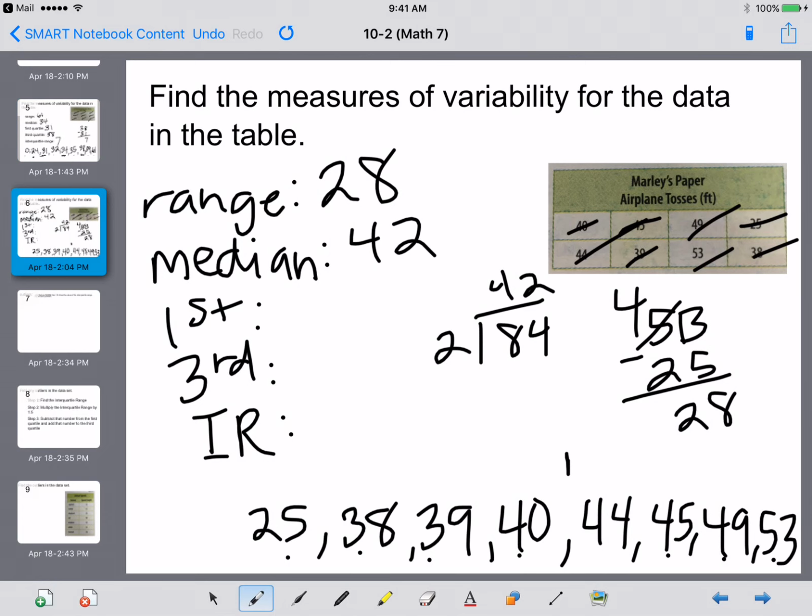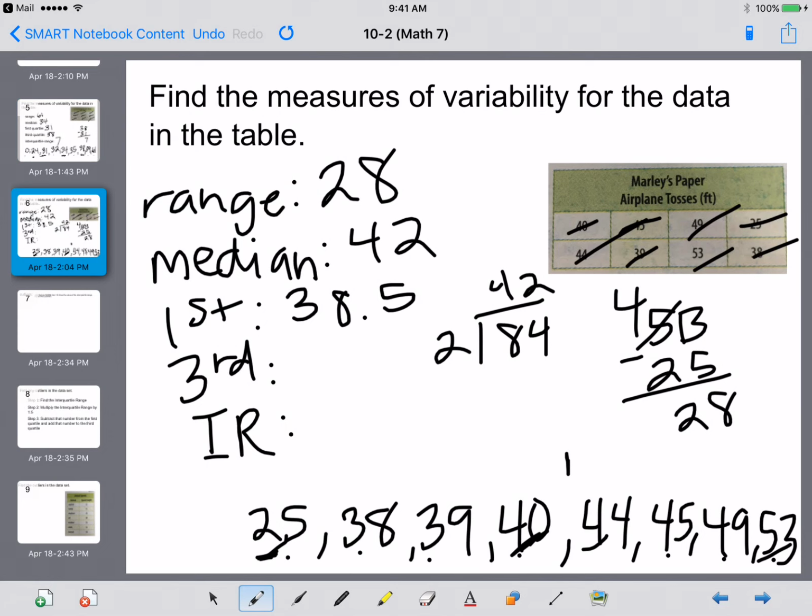So we hit our 40, we hit our 25, and 38 and 39 end up in the middle. The number that's in between 38 and 39 is 38.5, and that's something we just know. So then in this top half, we cross off 44, 53, and we end up with 45 and 49.